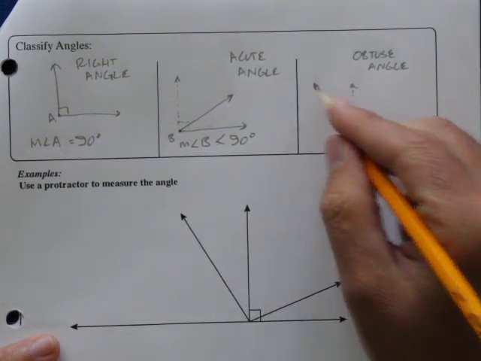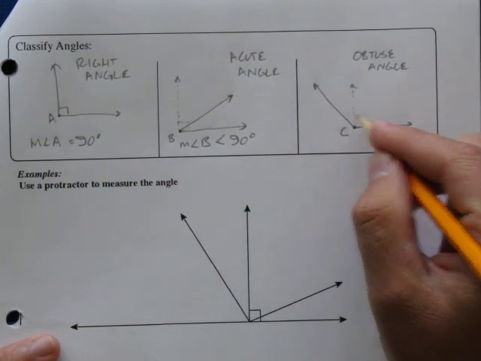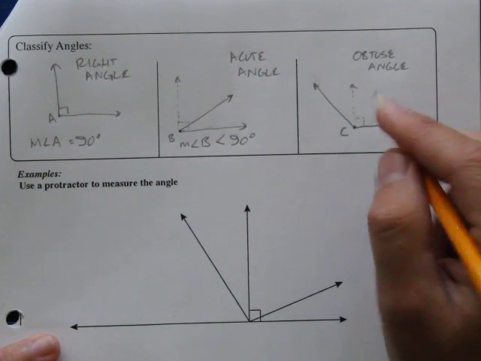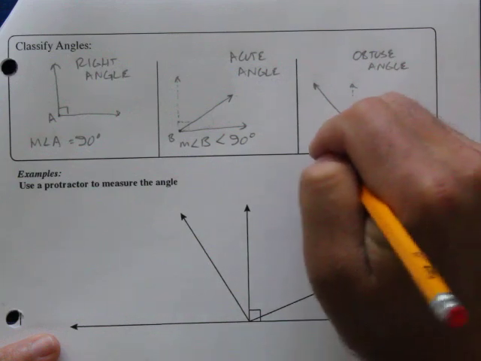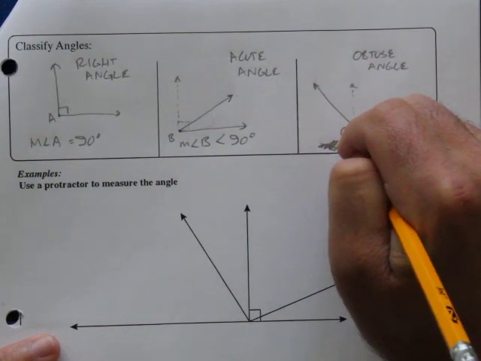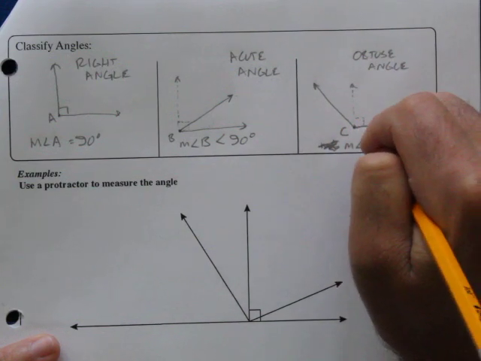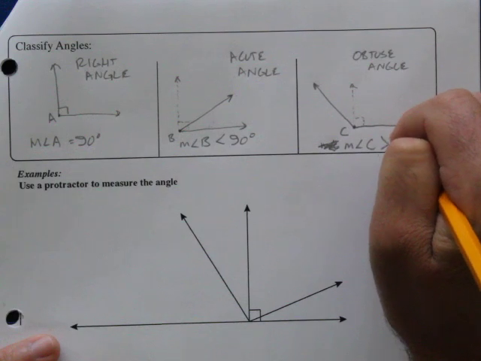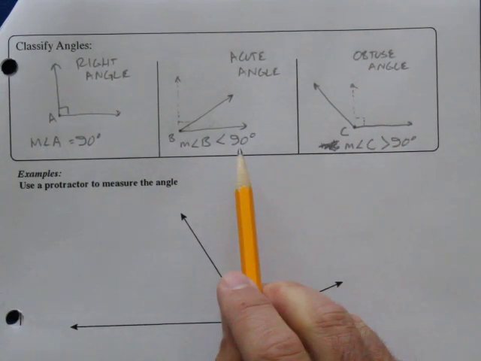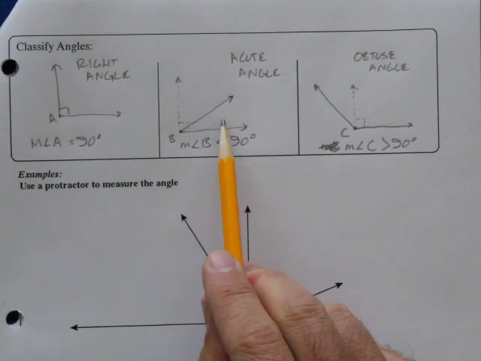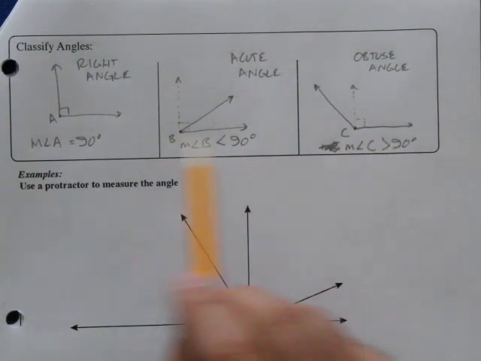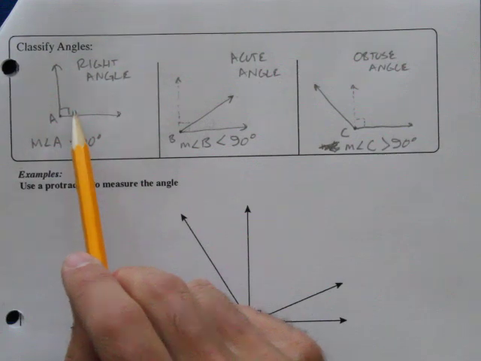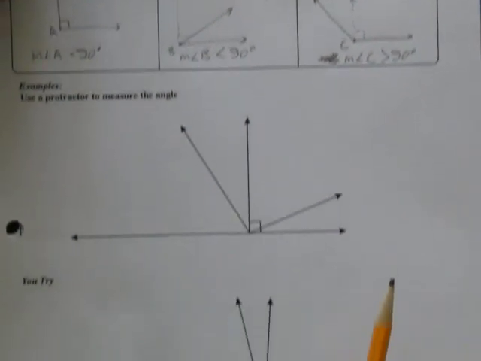Notice this is larger than 90 degrees, so that means measure of angle C, let me draw that better, measure of angle C is greater than 90 degrees. So for an acute angle, it's less than 90 degrees. An obtuse angle is greater than 90 degrees. And a right angle is 90 degrees.